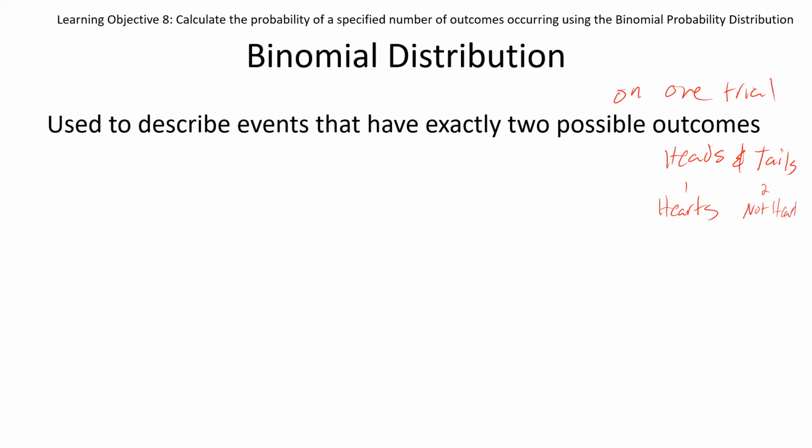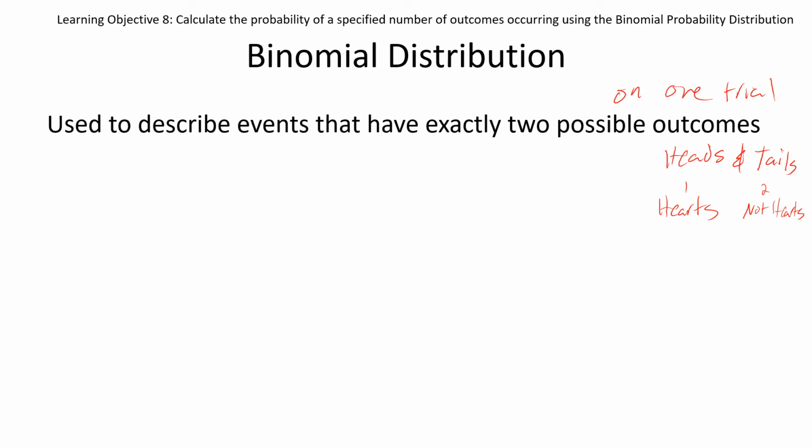So it's everything that is not hearts. So there's still only two possible outcomes, success on the trial or failure on the trial, even if it could be many different cards individually. But the probability stays the same regardless of what you draw out. You either draw a success, which would be a heart, or you draw a failure, which would be a not heart.